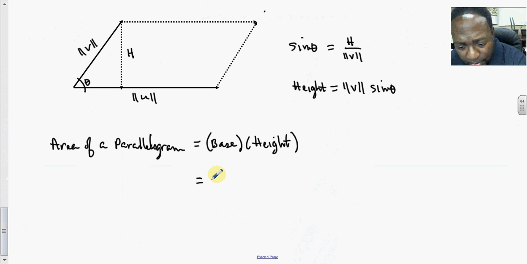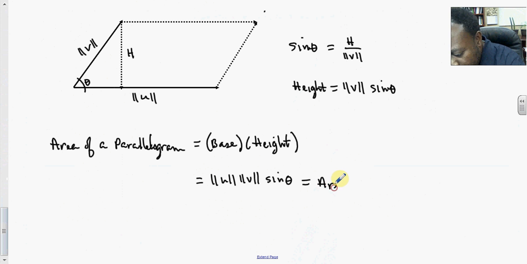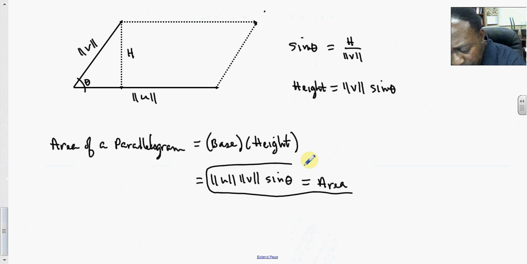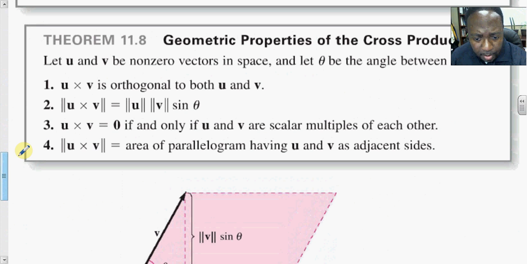Well, the base here is the norm of u, and the height is the norm of v times sine theta. It gives us the area. So now maybe this one makes sense.